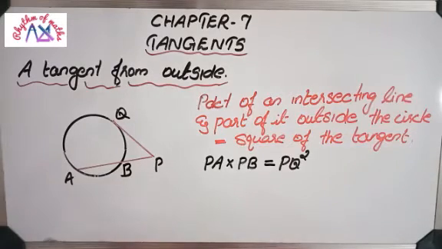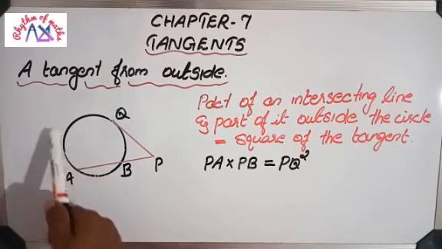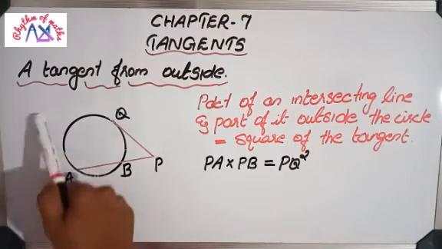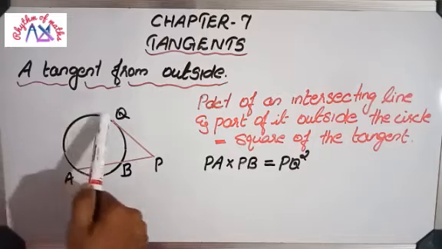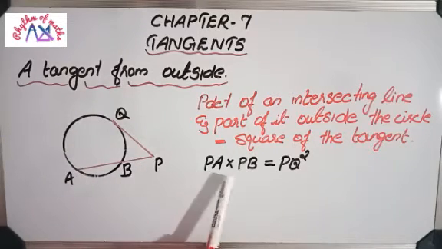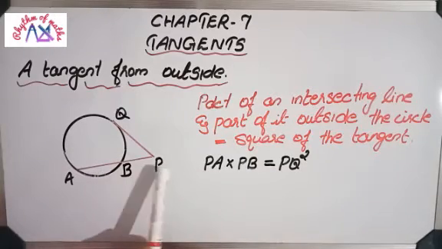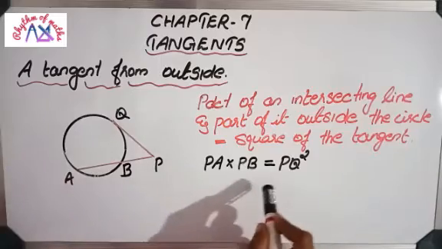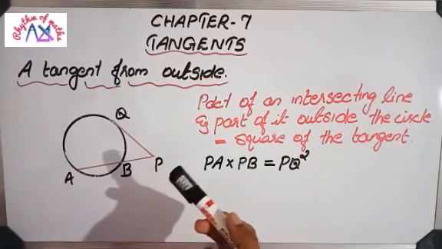It can be anywhere; the position can be different. If we draw the intersecting line here, from there also you can draw one tangent to the side. Then also it is the same: complete line into part outside the circle equals square of the tangent. Just remember this. The notations also can be different.